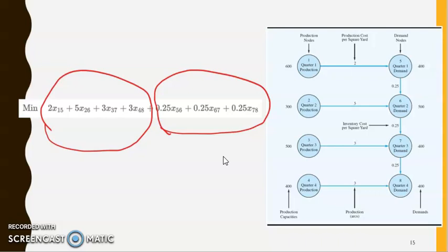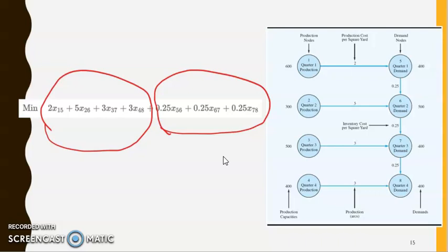The inventory cost for each unit of carpet is 25 cents, and the production cost is different. If you remember, we emphasized it when we were reviewing the case together, that different quarters impose different costs of production, but the inventory cost per unit is fixed.